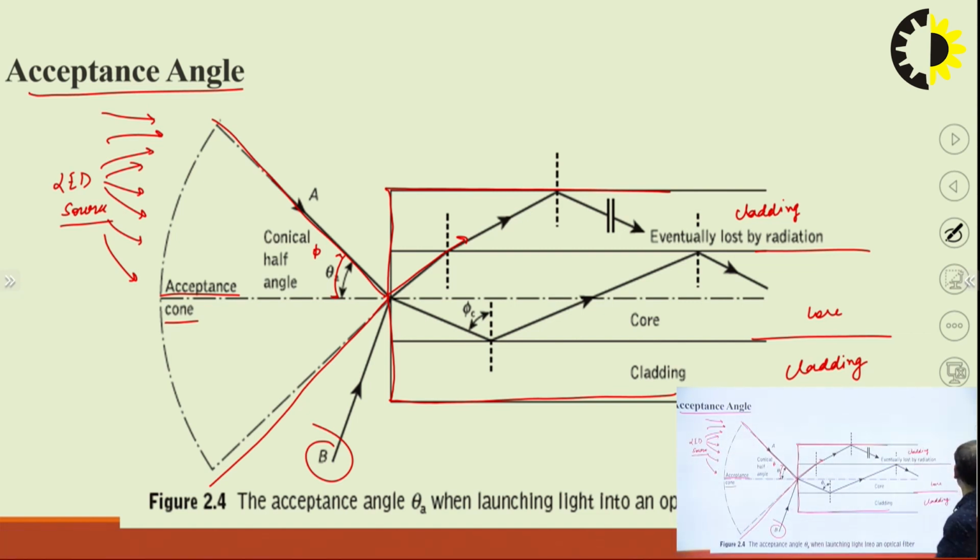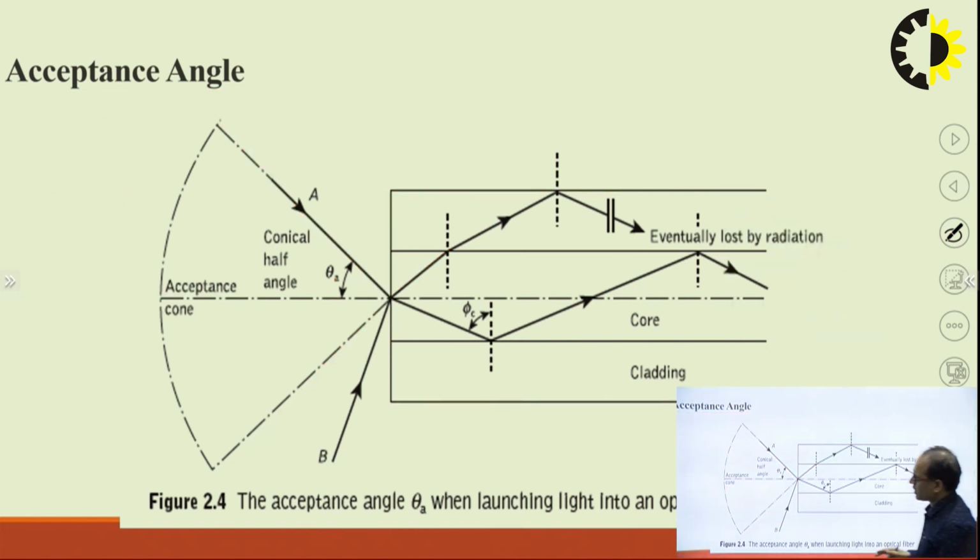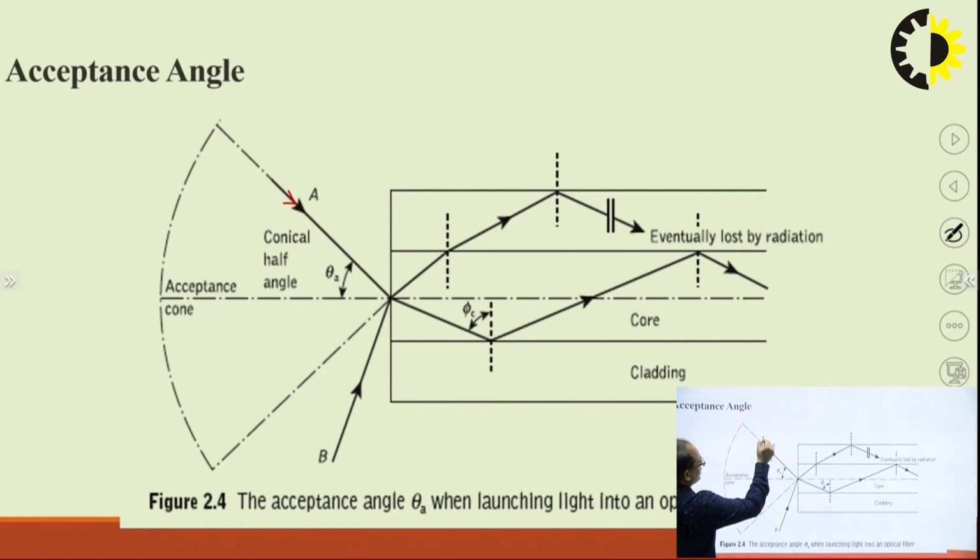Now see this one again, I'll just describe this. Let's say this is a light source, light ray A, and this is ray light B. Now, this ray light A which is entering into the optical fiber cable is between the range of what?